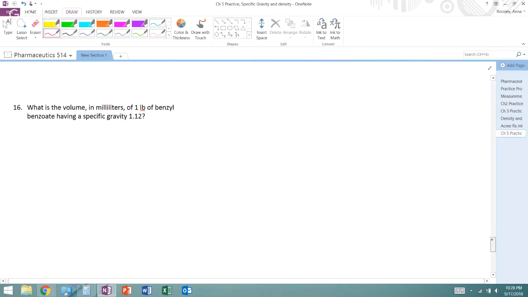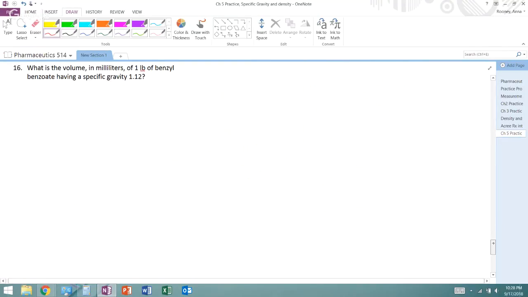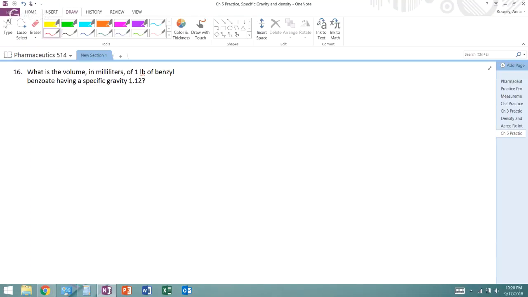And then, all right, what is the volume in milliliters of 1 pound of benzoate having a specific gravity of 1.12?